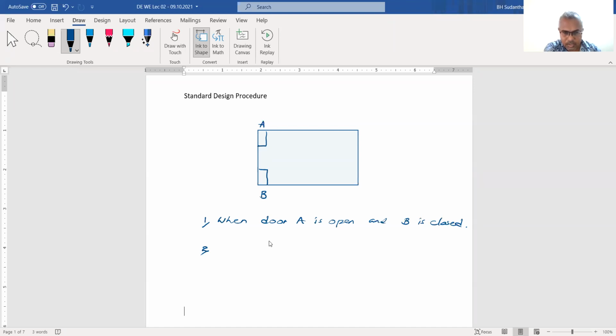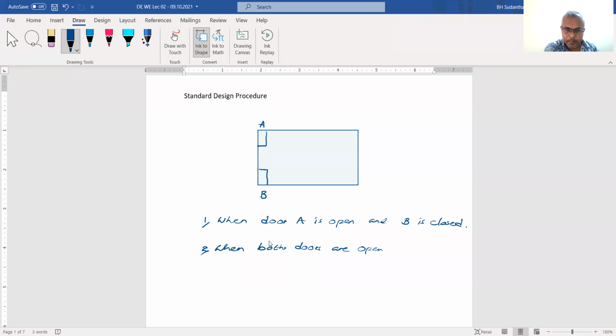The second condition according to him is when both doors are open. That is another security condition.